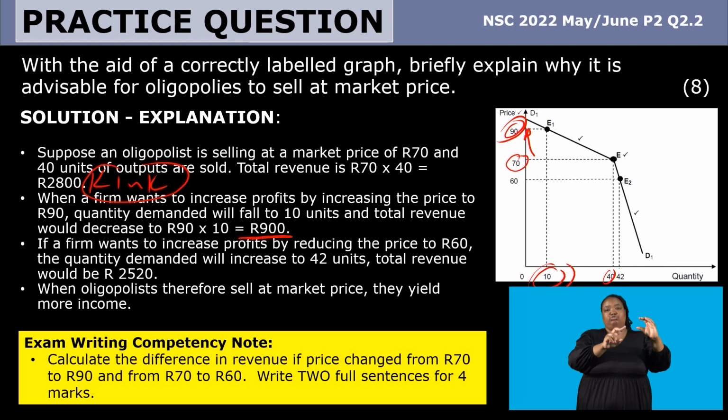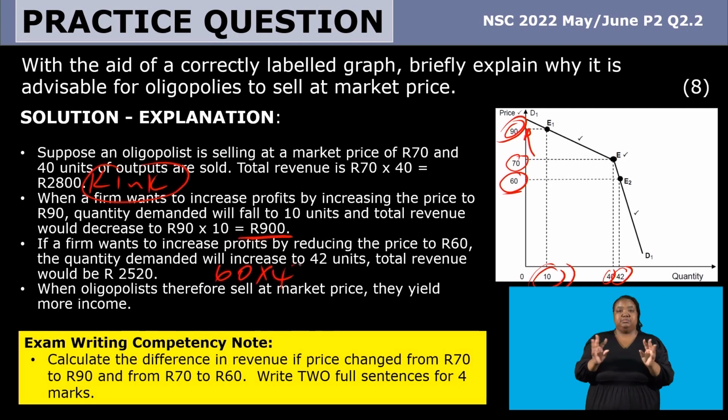Let's see what happens if they decide to reduce the price. If a firm wants to increase profits by reducing the price to 60 Rand, the quantity demanded will increase to 42 a year at a price of 60. So we can calculate the total revenue there. The total revenue will actually be 60 times 42. That's how they'll get it. The 60 times 42 gives us 2,520.